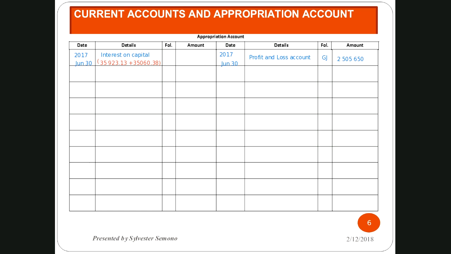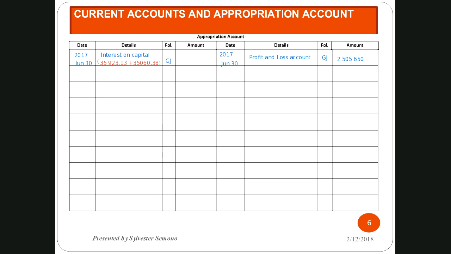GJ, and then the amount definitely will be the addition of the two amounts. The amount is going to be 35,923 plus 35,060.8. The total is 70,983.51. Okay, that's the interest on capital.